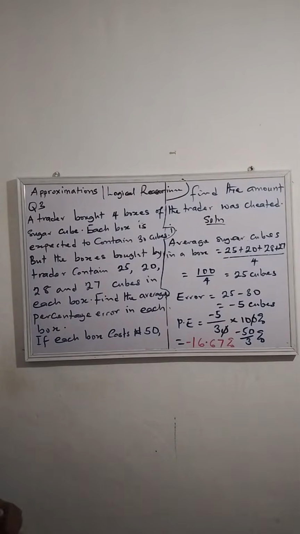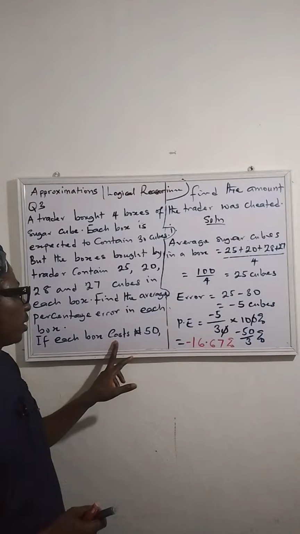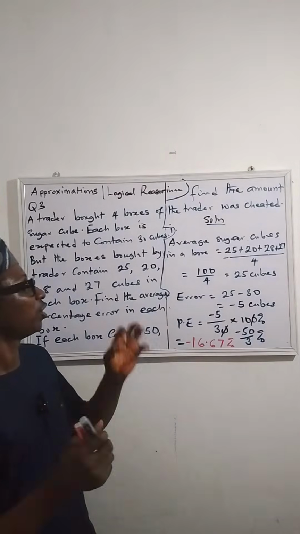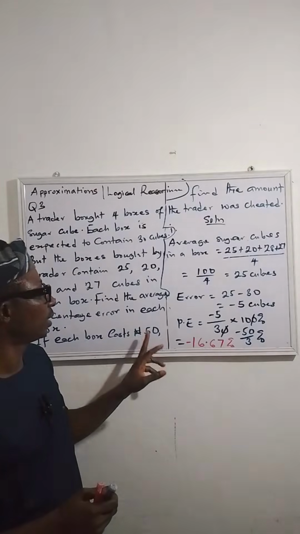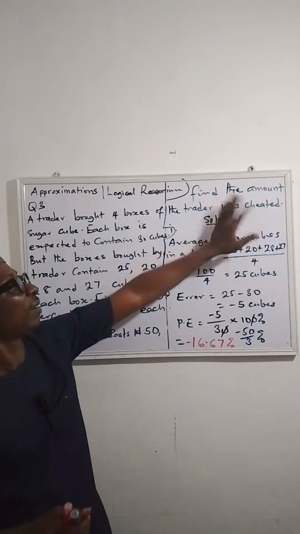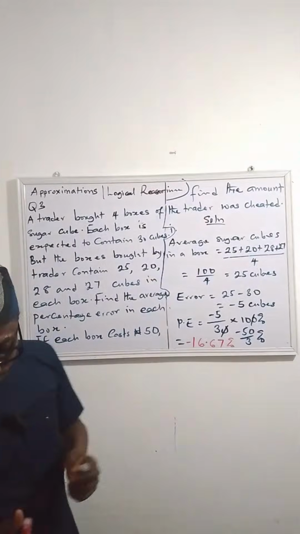Good. So now the second part is if each box costs 50 naira. Each of the box costs 50 naira. So you have to find the amount the trader was cheated. Okay, so how do we go about that?